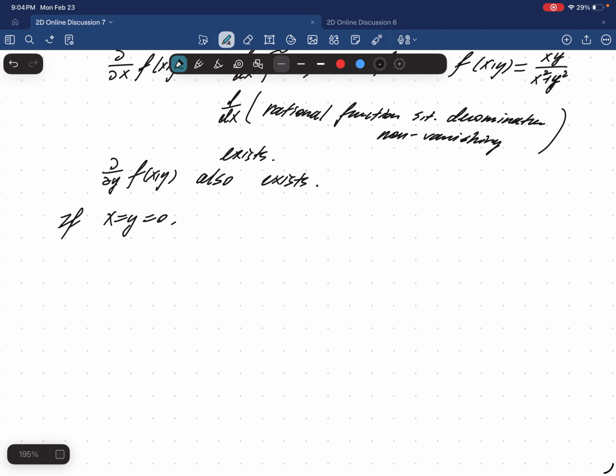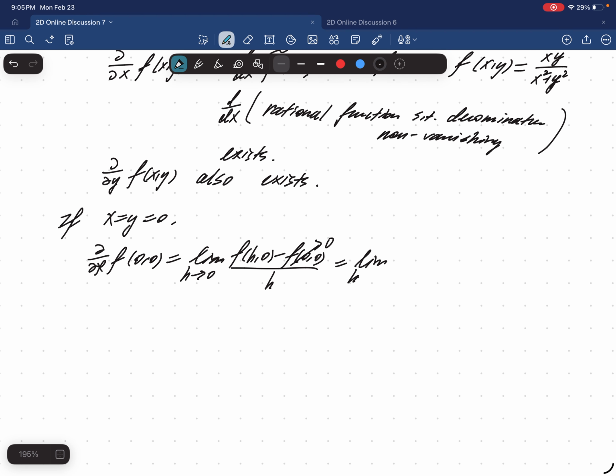Now, by definition, del x of f(0,0) is equal to the limit as h goes to 0 of 1 over h times f(h,0) minus f(0,0). But by definition, f(0,0) is 0. So this is the limit of f(h,0) over h.